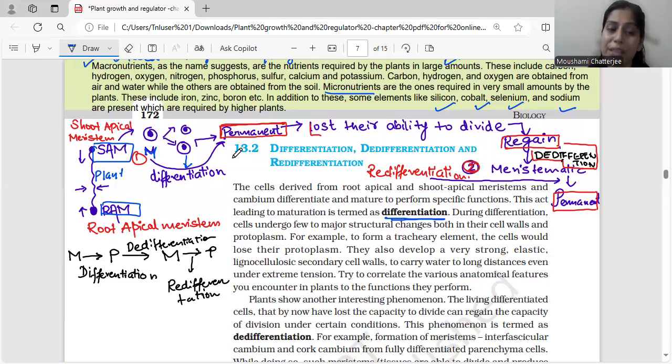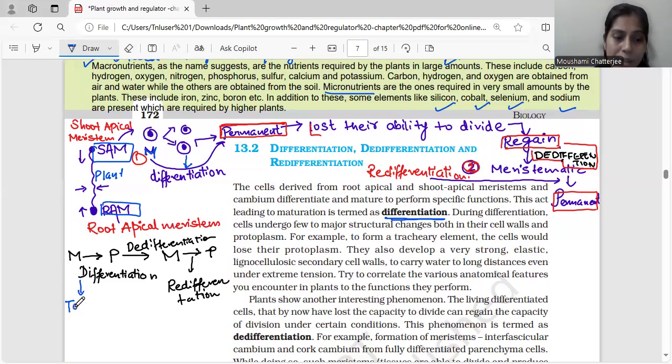further differentiation to form permanent tissue. Okay. When the meristematic tissue forms permanent tissue, or when the cell takes up permanent shape, size, and function, we call it differentiation, which you have studied in grade 9. Now, this meristematic tissue is going to form a permanent tissue by the process known as differentiation. So, what is differentiation?